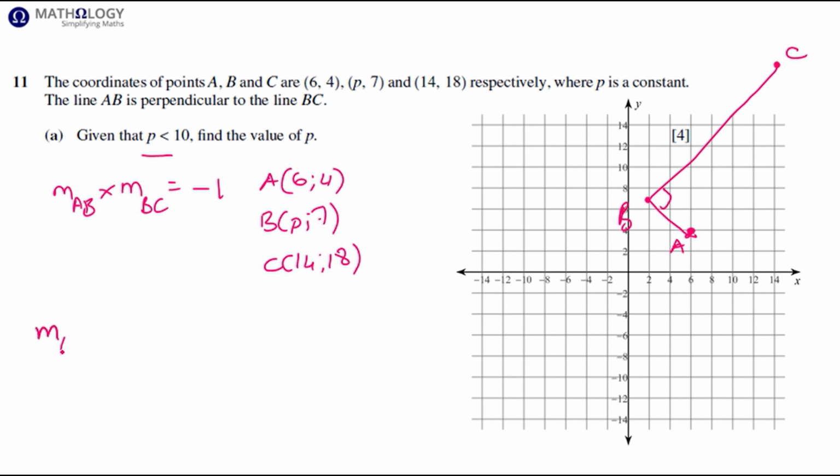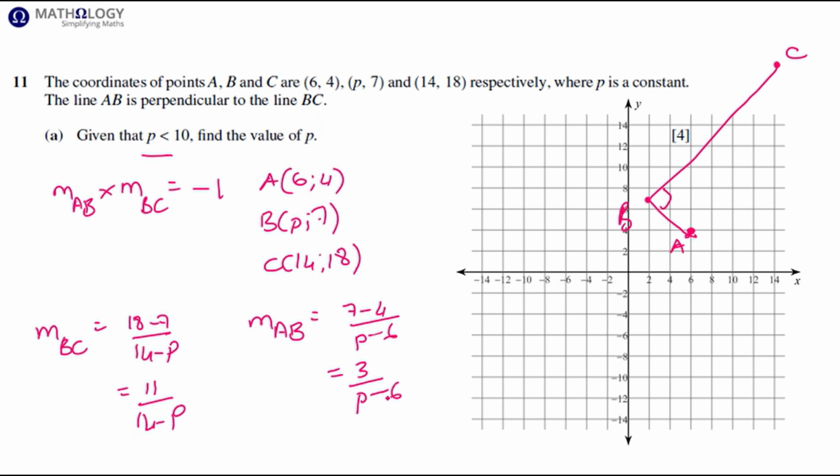So the gradient of BC, doesn't matter where we start, will be 18 minus 7 over 14 minus P. That's 11 over 14 minus P. The gradient of AB will be 7 minus 4 over P minus 6, which is 3 over P minus 6.